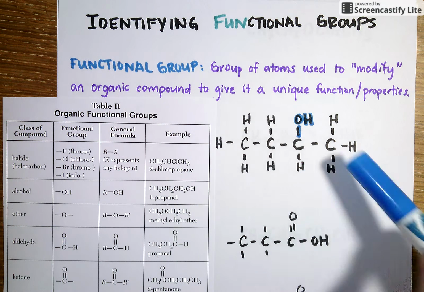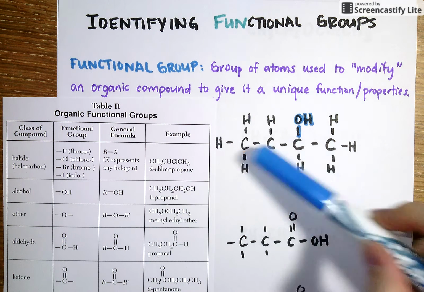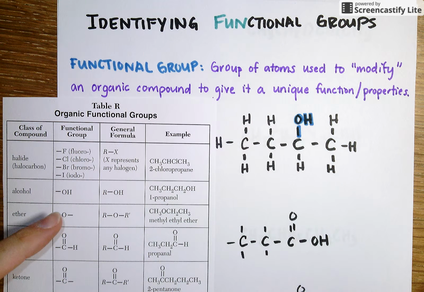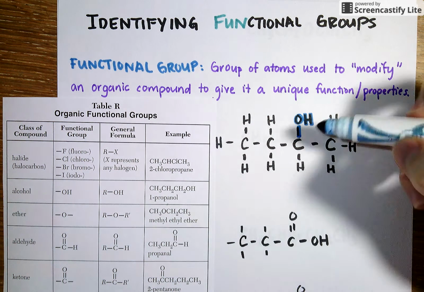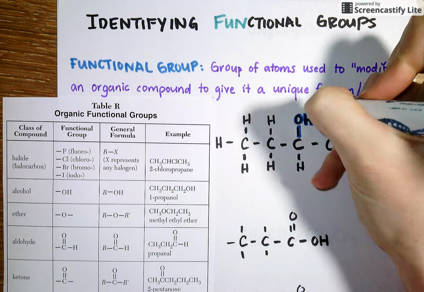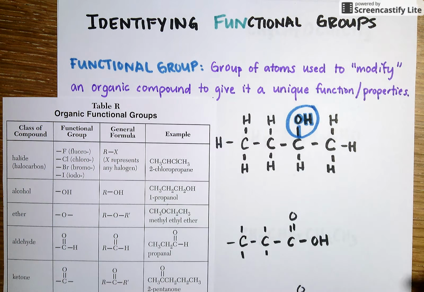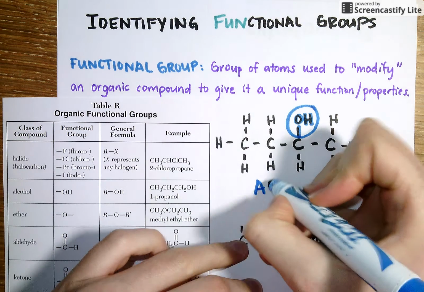So here my underlying compound is this 4-carbon chain, and I've added on this OH functional group that defines something as an alcohol. If I'm asked to identify a functional group, the functional group itself is this OH right here. And because this molecule has an OH attached to it, we classify it as an alcohol.